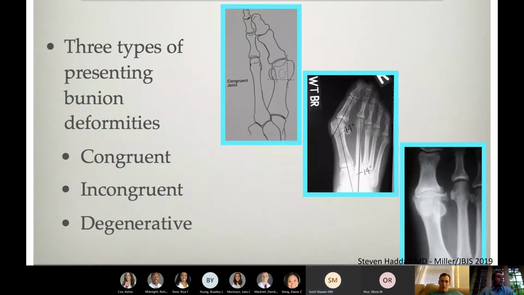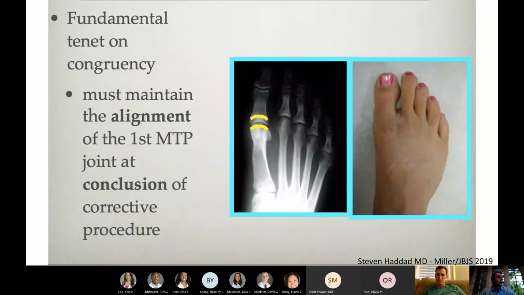But if the joint's congruent, that means that it's a juvenile bunion, and you approach that differently. If it's incongruent, which most adult onset bunions are, then it fits into the standard treatment categories. It's all about congruence.